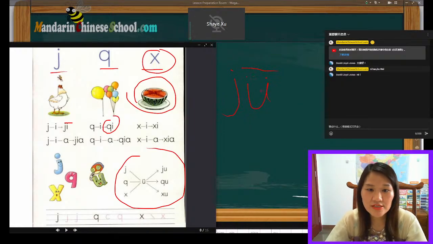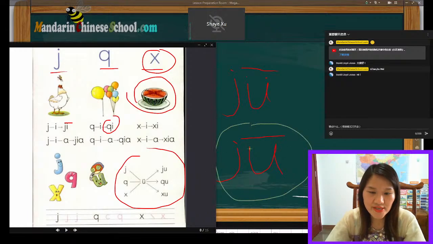We do not write like this. When we write the pinyin J with the ü sound, we will just simply write like this, to remove the two dots. So when you see J with this one, it's actually pronounced the ü sound. But we will not write like that. We write like this, but the sound, actually you need to pronounce the ü sound with the two dots sound.